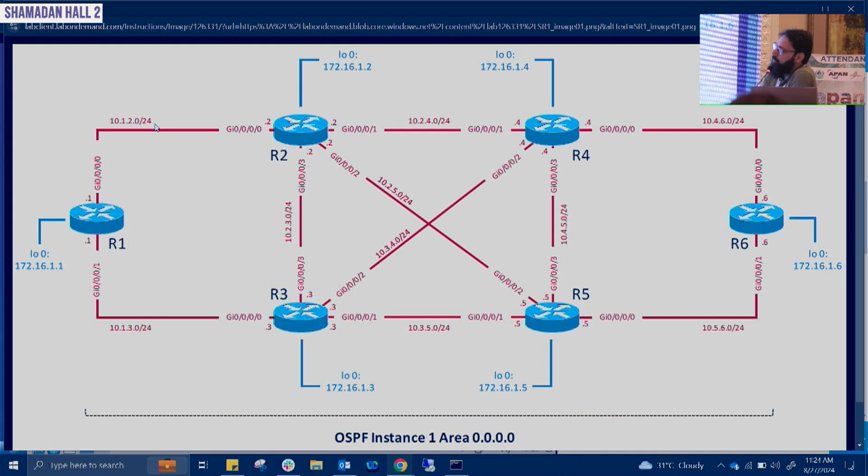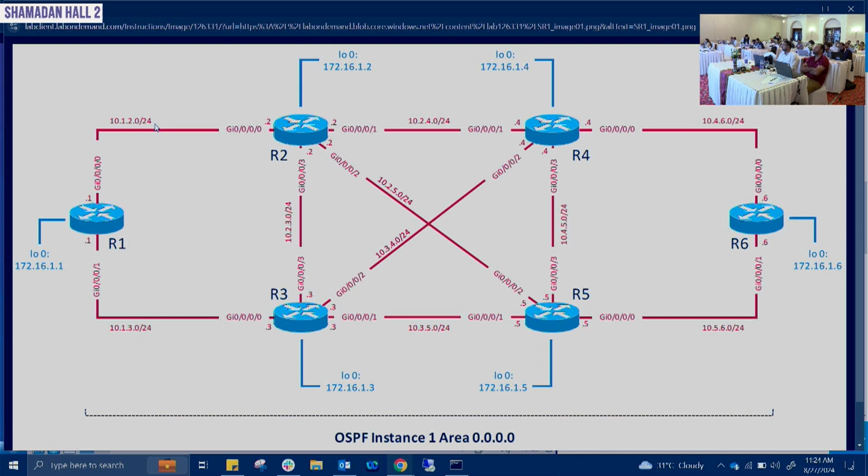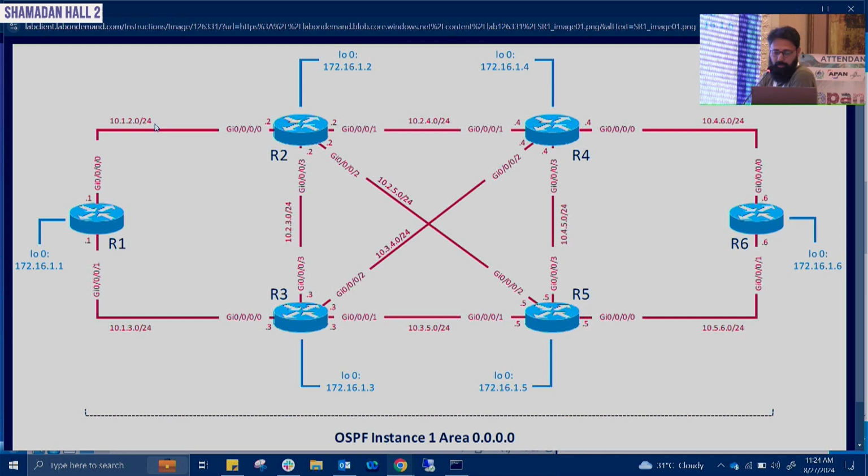So the connectivity between router 1 and router 2 would be 10.1.2.0/24, and the last octet is the number of the router. That means router 1 would be configured with .1, whereas router 2 would be configured with .2. The same pattern is followed for the other routers and the other connectivities as well.